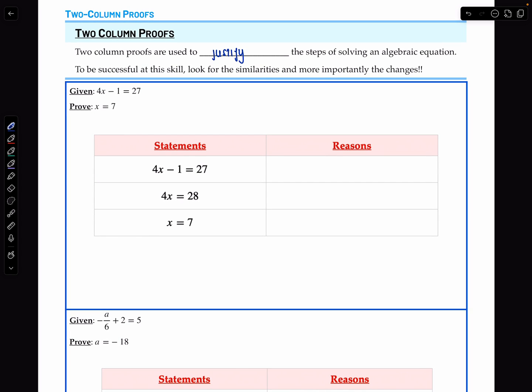And the template looks like this. It's given statement. There's prove statement. Now the prove is the result. Now prove, we never, ever put as a reason.